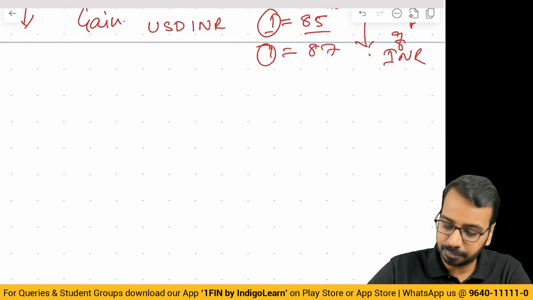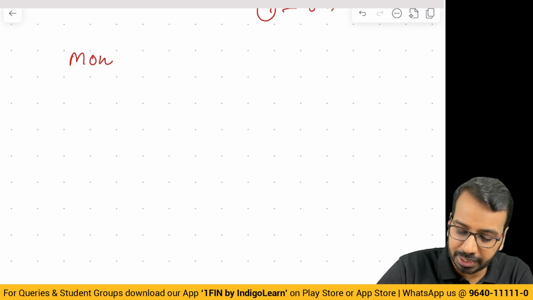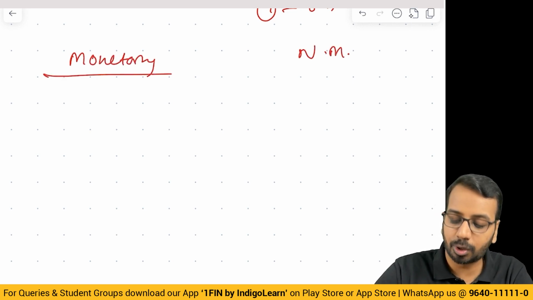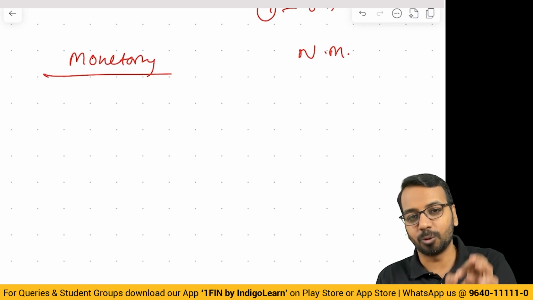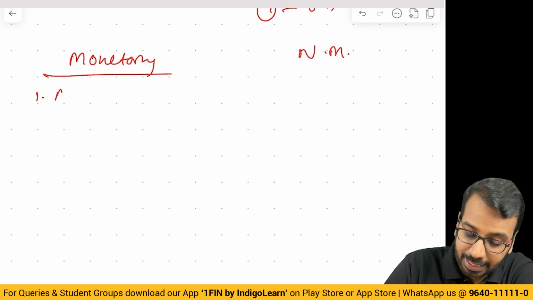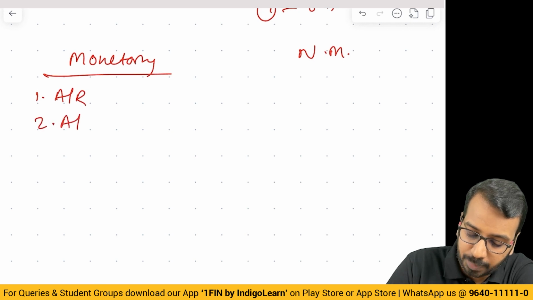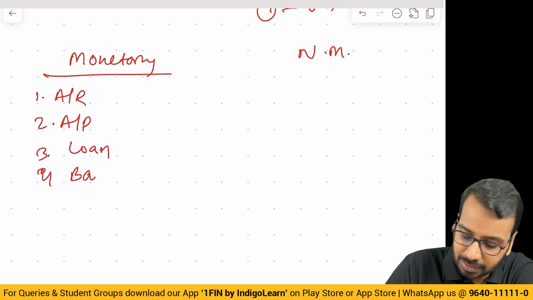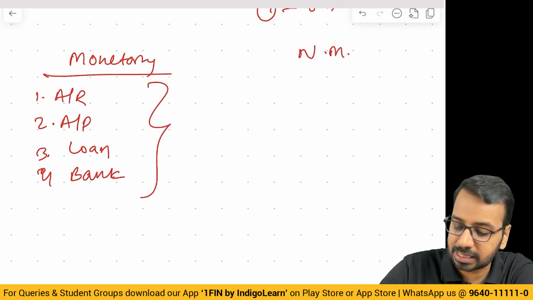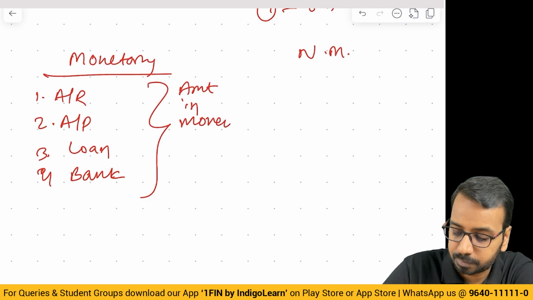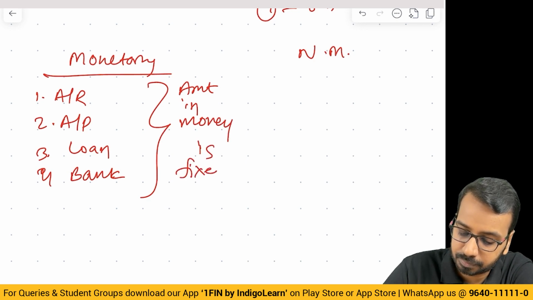Okay. Then there are monetary items. There are non-monetary items. What are monetary items? Monetary items are those items which are determined in terms of money. For example, account receivable, account payable, loan, bank balance. In all of these cases, my amount in money is fixed.